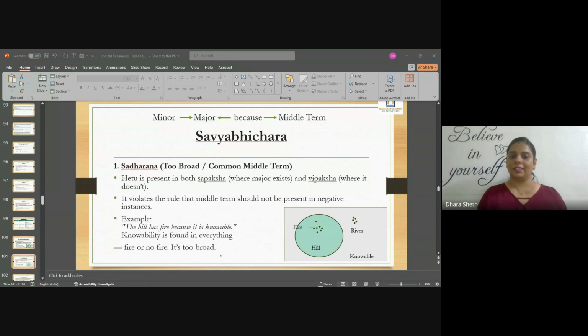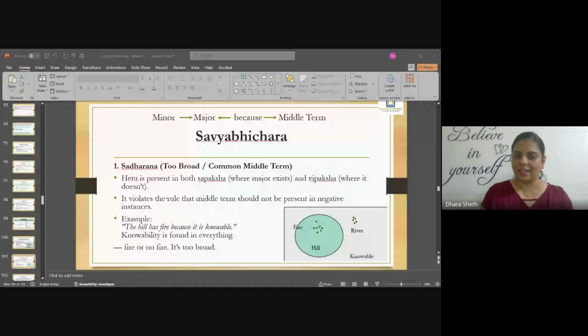The subject is too wide. The middle term is too wide. The reason is too wide. Everything that is knowable cannot have fire. So the hill has fire because it is knowable. Your middle term is too wide.